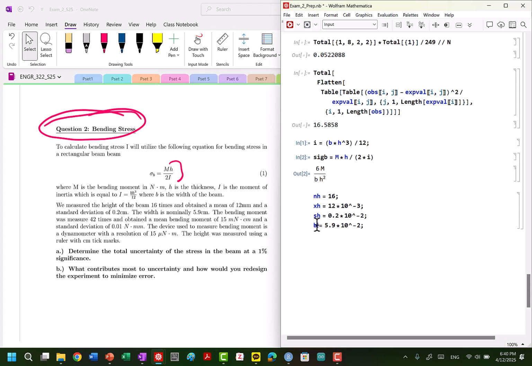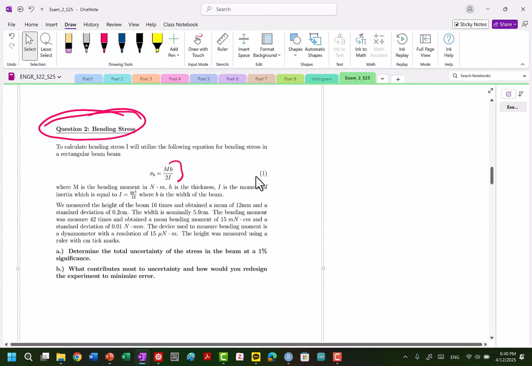I'm going to call this b nominal, so I just want to keep my expression there. Bending moment: N_M is equal to 42, and X_M equals 15 millinewton centimeter. I need to convert this.